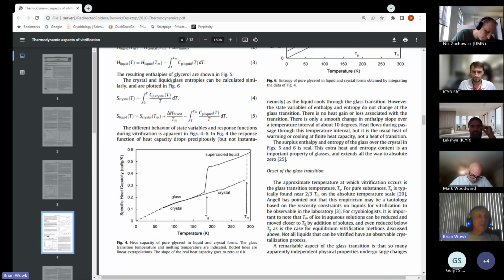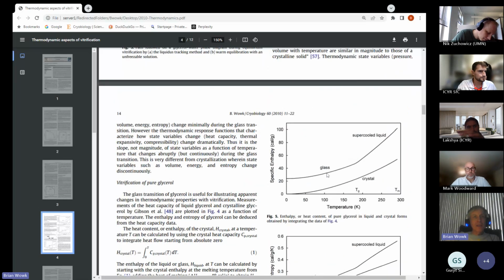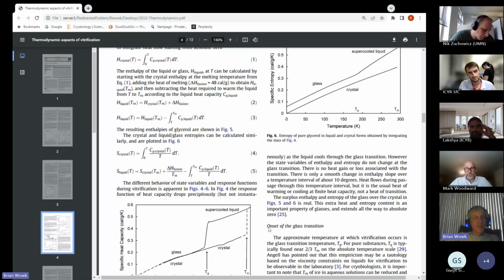And then if we take this curve that we looked at previously, this integrated enthalpy or flow curve, and take the slope of these lines, then we can actually make a graph of heat capacity.